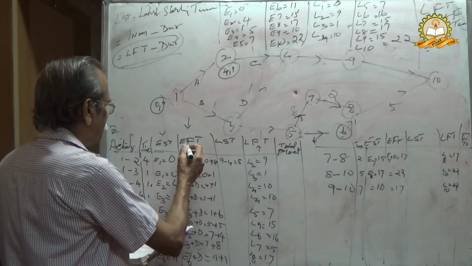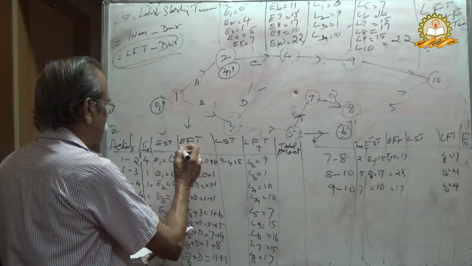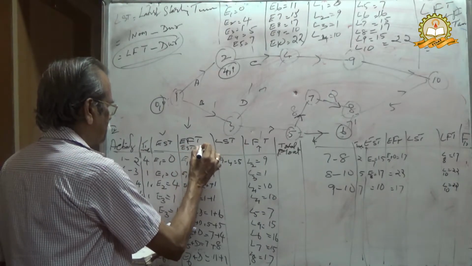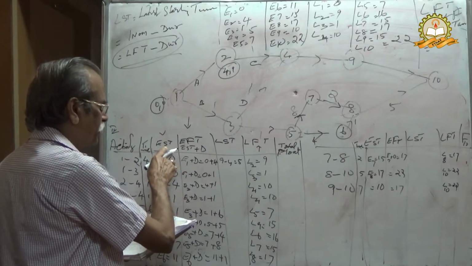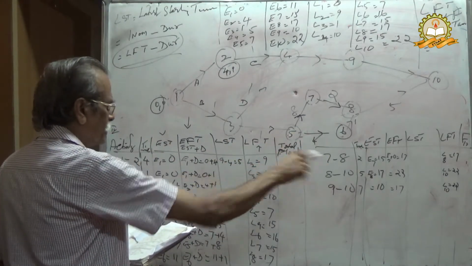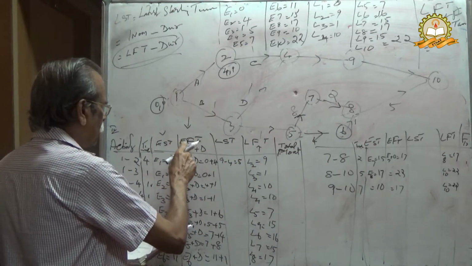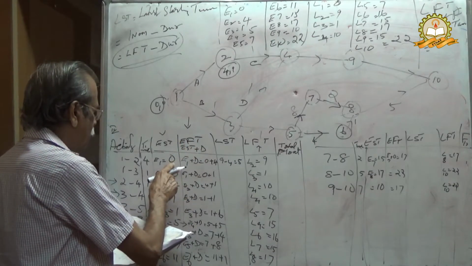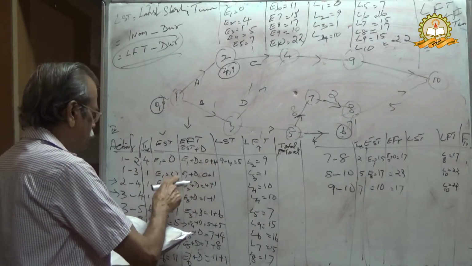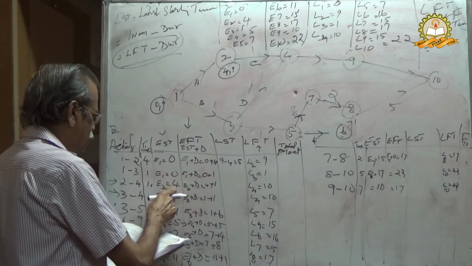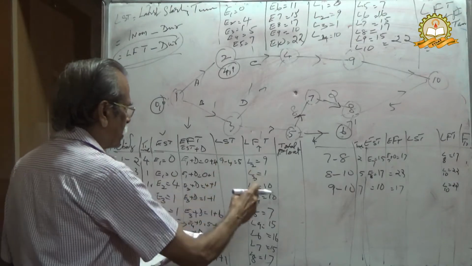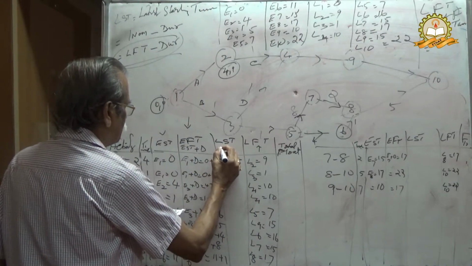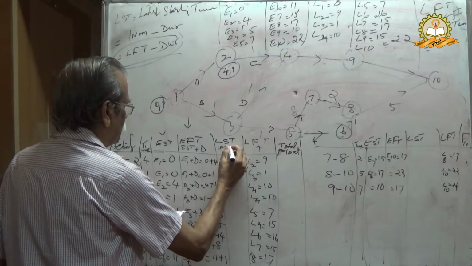Even you can write here, EFT means early finish time, that is EST plus duration. EST you are finding, LFT you are finding, then EFT will be early finish time. That is start time plus duration. Similarly, LST equals LFT minus duration.